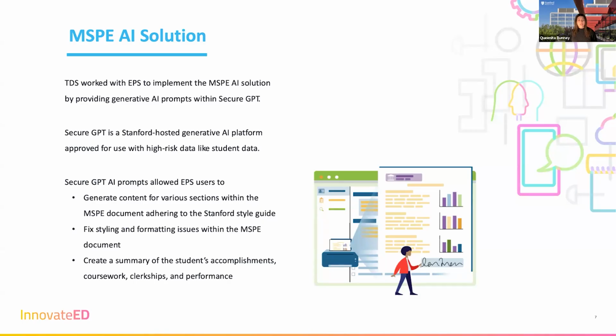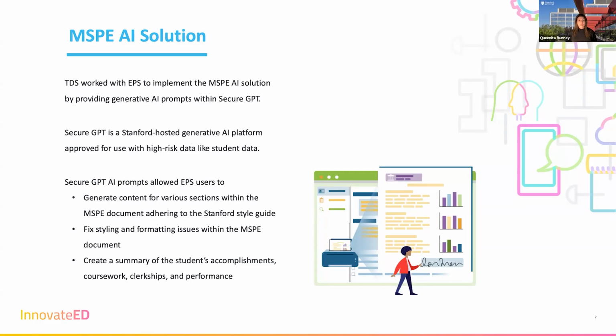This provides generative AI prompts within SecureGPT. Now, as you know, SecureGPT is a Stanford-hosted generative AI platform, which is safe and is approved for use with high-risk data, like the student data. The SecureGPT AI prompts allowed our EPS users to generate the content for various sections within the MSPE document, adhering to the Stanford style guide.